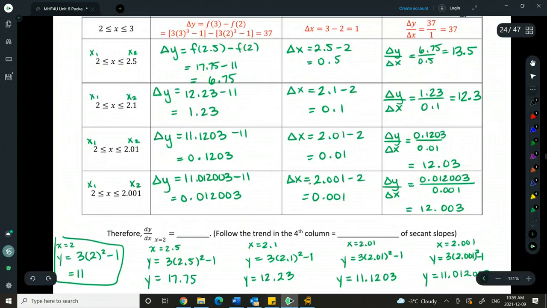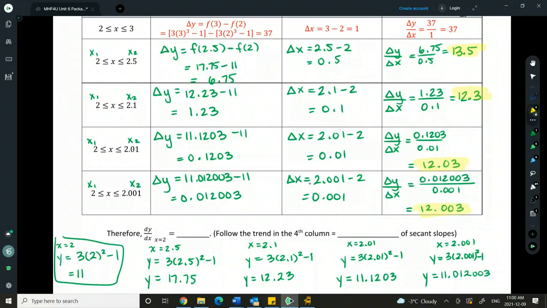Okay, so really what we're interested in here is the trend as we move lower in this column. This is going to be our first introduction to the concept of what we call a limit. So limit is essentially just something that is being approached. So as we go down in this column, what are the slopes of the secants slowly approaching here?